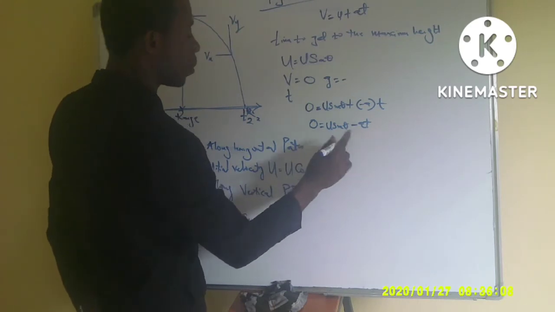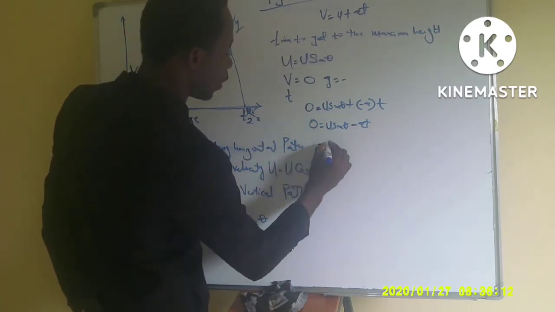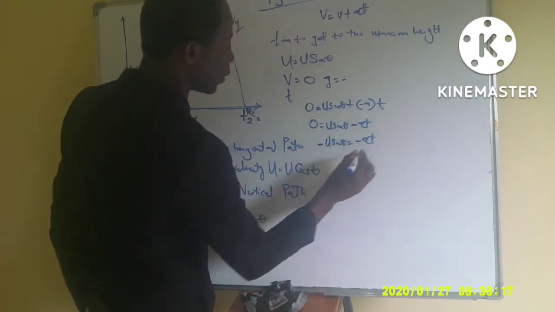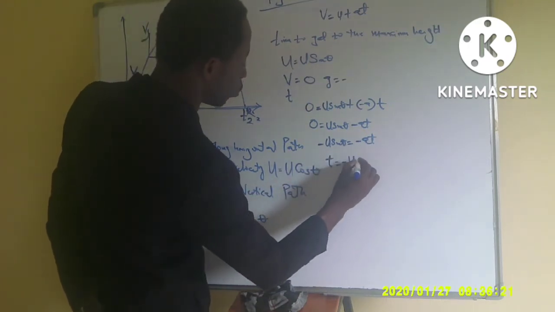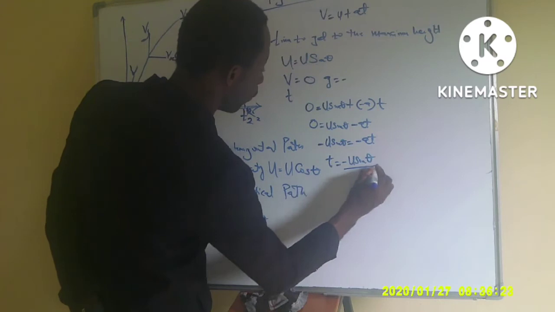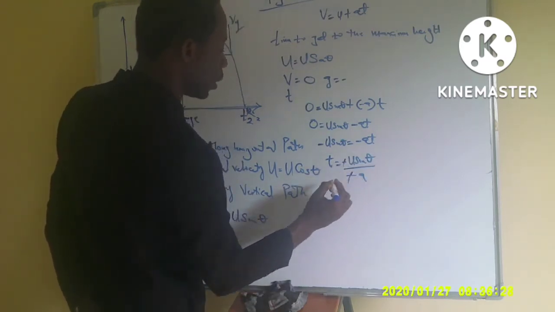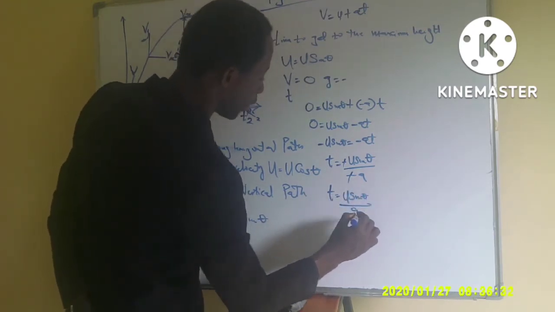Let's make t the subject of the formula. Minus u sine theta comes to the other side: minus u sine theta is equal to minus at. So t is equal to minus u sine theta over minus a. The minus cancels the minus, so t is equal to u sine theta over a.